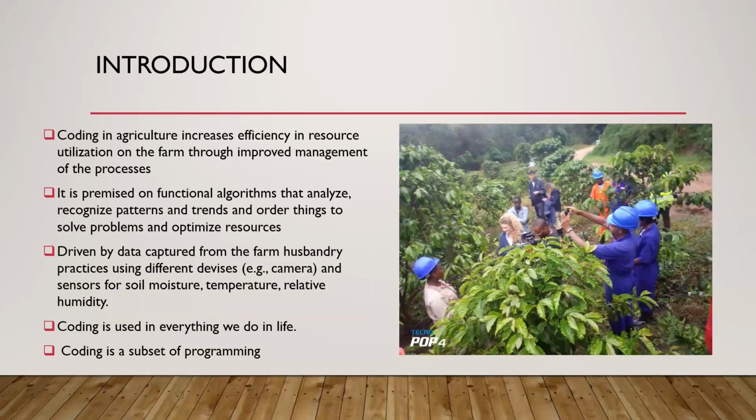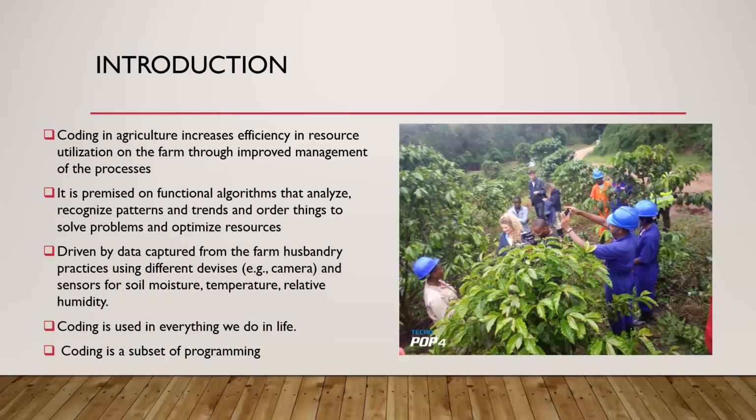Coding in agriculture increases efficiency in resource utilization on the farm through improved management of the processes. Meaning if you're a farmer, you will get more benefits, more yields, more income than somebody who is not involved in coding. It is premised on functional algorithms that analyze, recognize patterns and trends, and order things to solve problems or optimize resources.